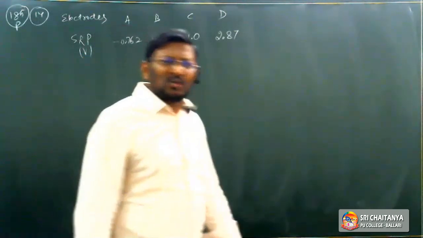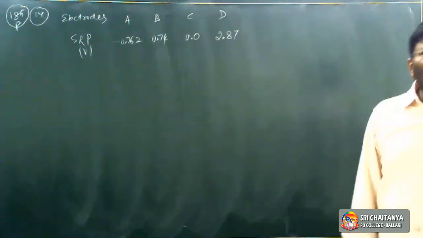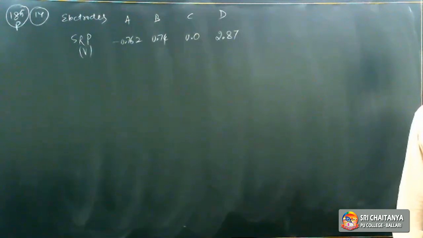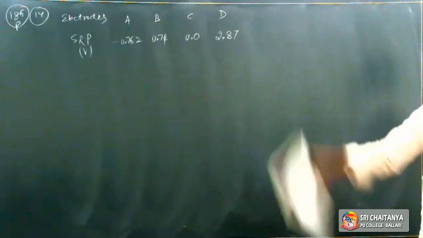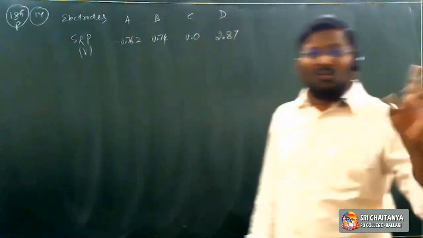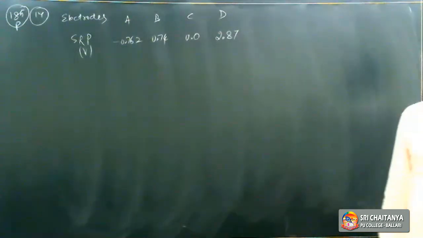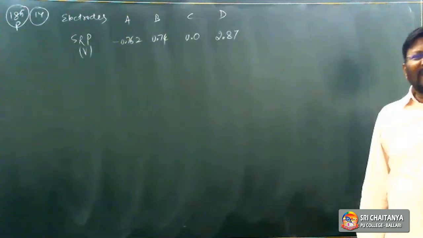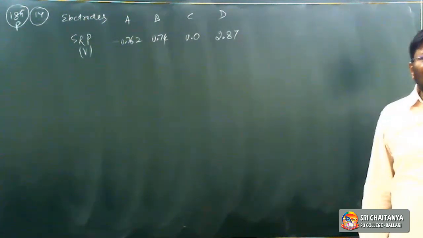So fluorine electrode, oxygen electrode, and lithium electrode. See, highest SRP is with fluorine, plus 2.87 only. Need not worry about the values. What did I say? I said you just need to know which one has the highest and which one has the lowest.